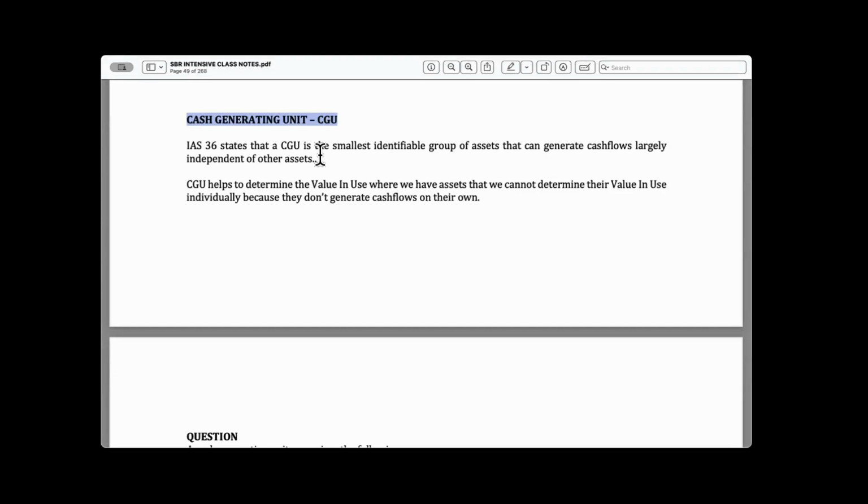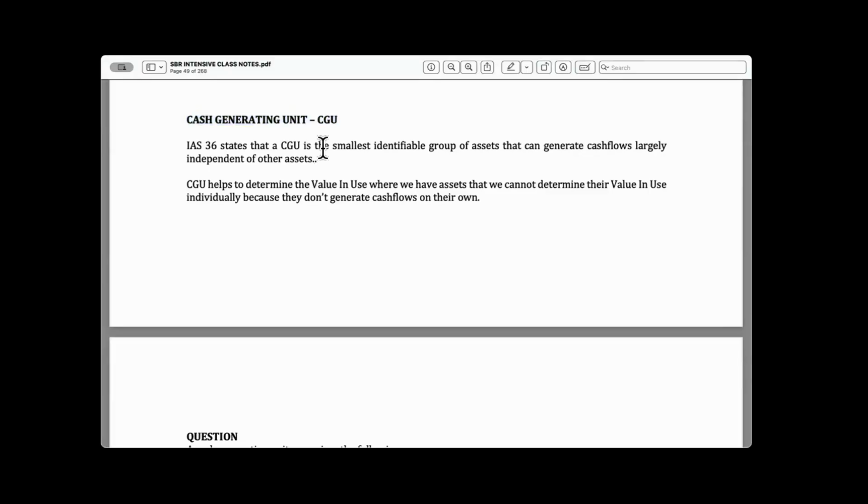So that is where cash generating units become relevant, or where you need to determine the impairment test of a business or of a business unit.